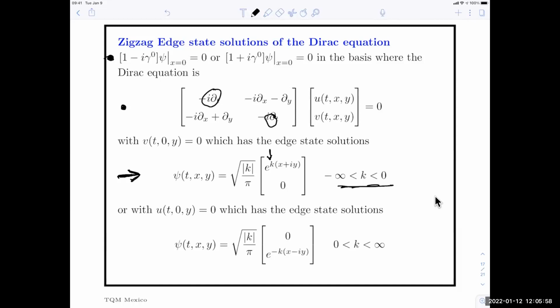For reasons I don't entirely understand, I just solved it and I can see that it's symmetric and the density of states is symmetric. So that tells me that if I want a charge neutral material, half of these edge states have to be occupied and half of them have to be empty.